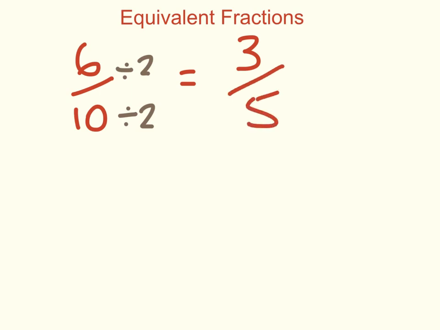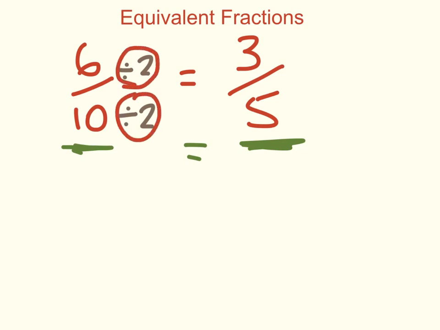And there's an equivalent fraction. 6/10 is equivalent to 3/5. Excellent. So remember, as long as you multiply or divide your numerator and denominator by the exact same number, you'll get an equivalent fraction.